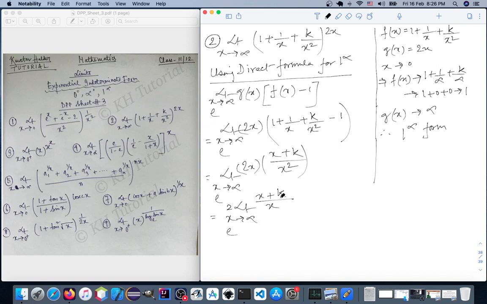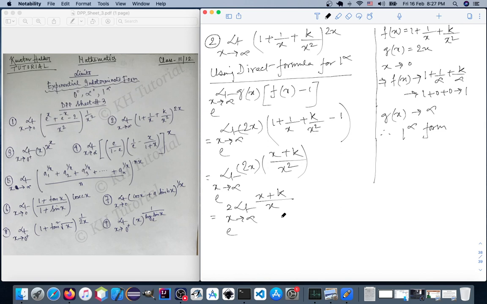And so now, in the previous video I discussed that for the limiting value of a rational function where the numerator and the denominator are polynomials both having degree n, and the coefficients of the highest power of x in the numerator and denominator are a and b, the limiting value is a by b.